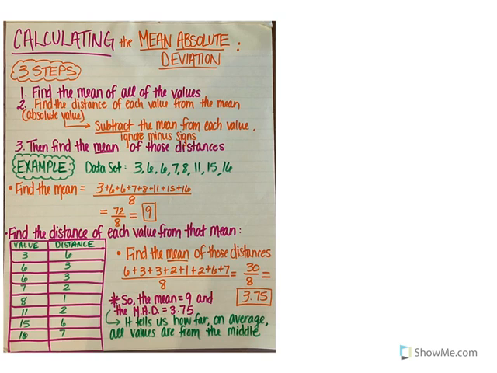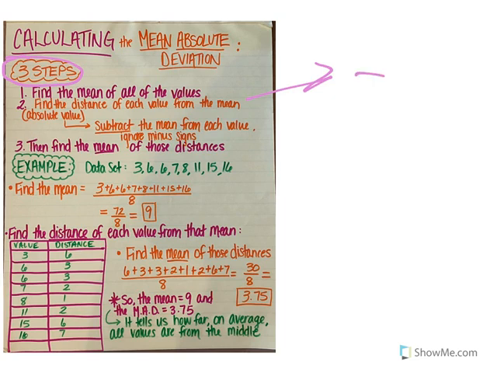And finally, how are we actually calculating the mean absolute deviation? There are 3 steps that you need to follow. The first thing is you are going to find the mean of all of the values. So what is the average of your data set? Once you have the mean of your data set, you're going to find the distance of each value from the mean, aka you are finding the absolute value.